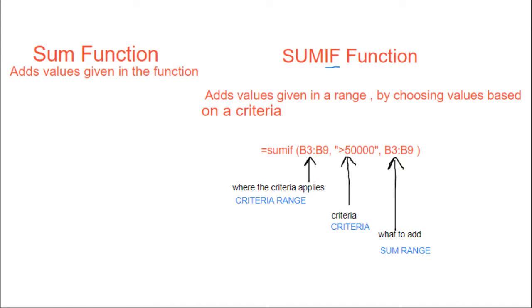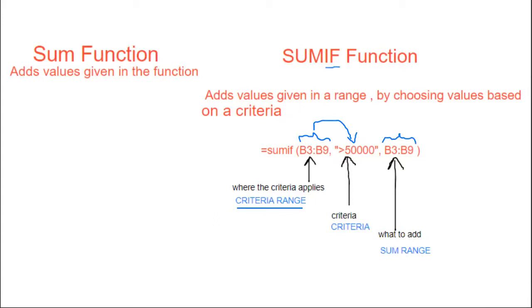In the first place, in this part, you should enter the criteria range. That means to these cells you should apply this criteria and check which ones are greater than 50,000, and what to add should be given in this one.